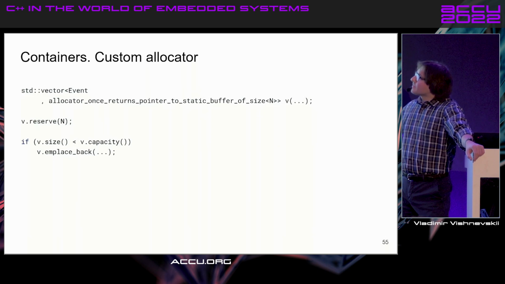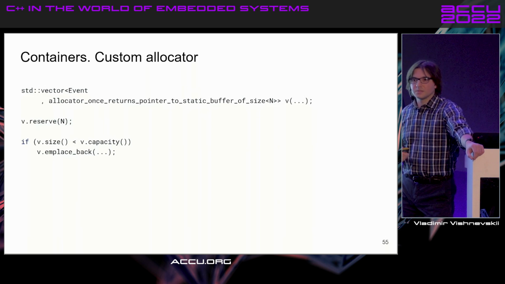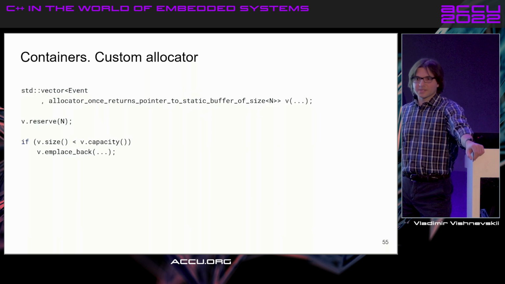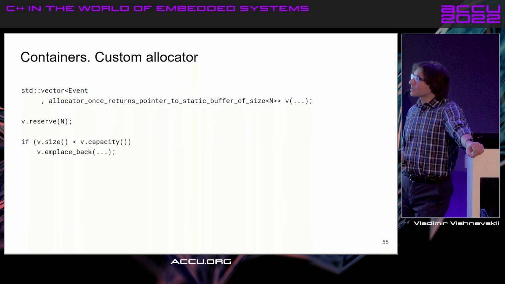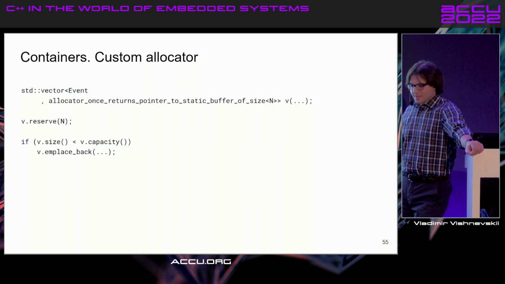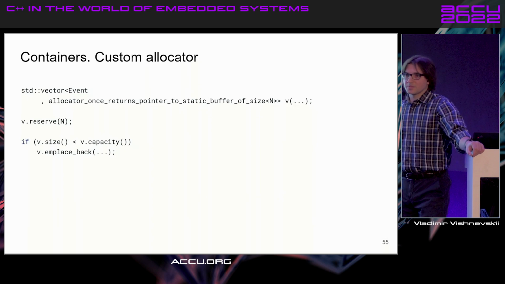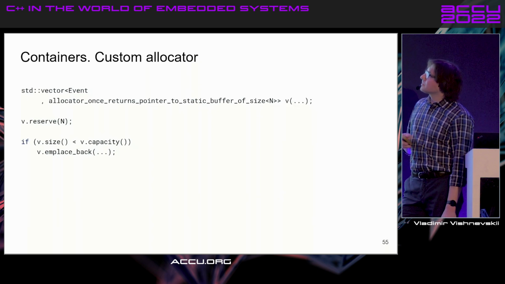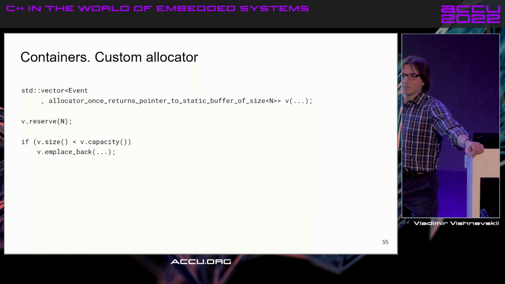What is important here is that, unfortunately, the standard allocator and the standard container do not support reallocation or extension of the storage. That means the whole available space should be returned at once, and the vector should explicitly ask for that. So reserve should be called with the size that our custom allocator is able to provide.